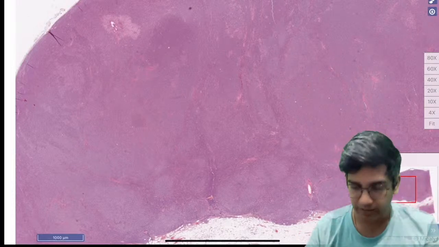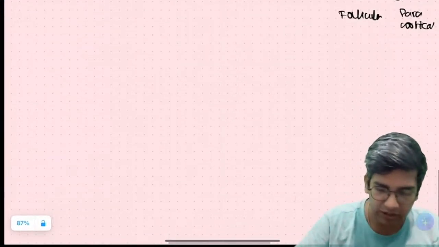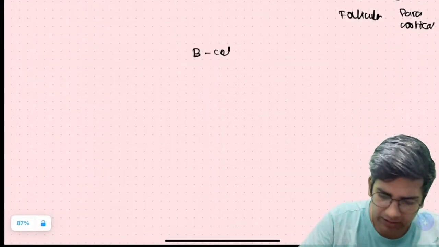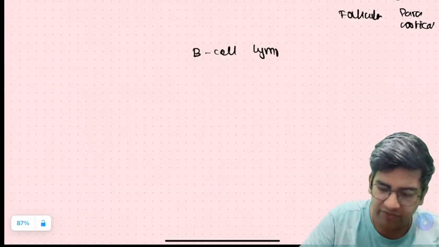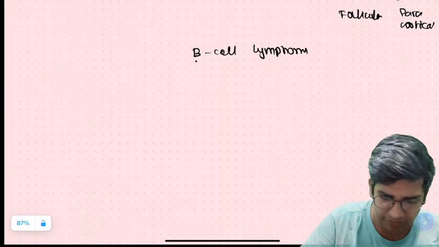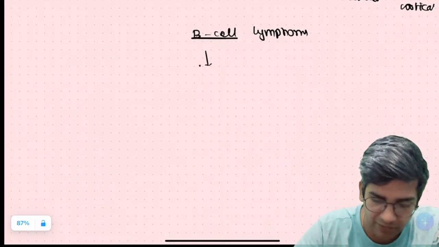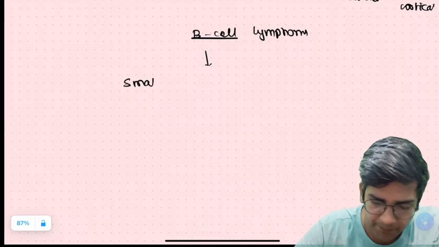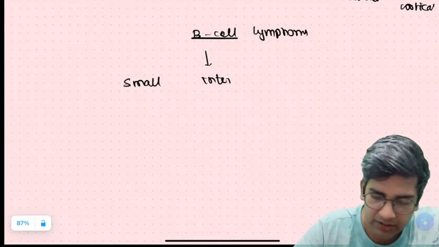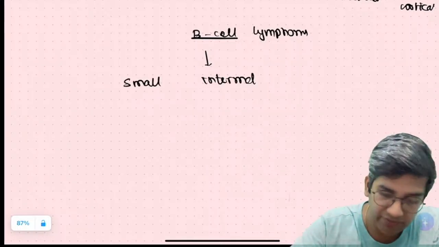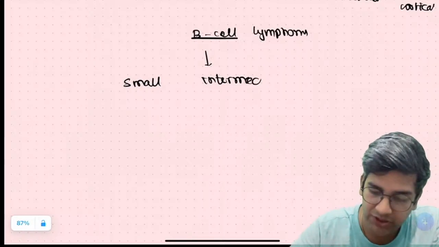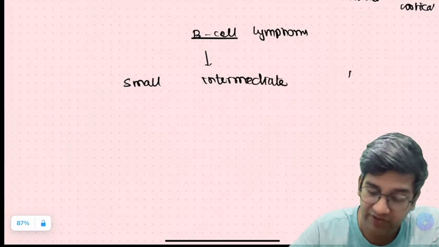Whenever you suspect a lymphoma, and like I said, by default I'm going to think of a B cell lymphoma. I might be proven wrong with the first set of markers we give, right? So whenever you think of a B cell lymphoma, you have to divide them into small, intermediate, and large. If you have a pen and paper with you, just write this down. This will be very helpful.